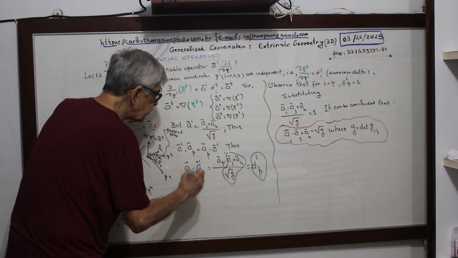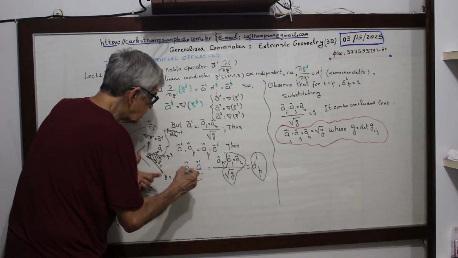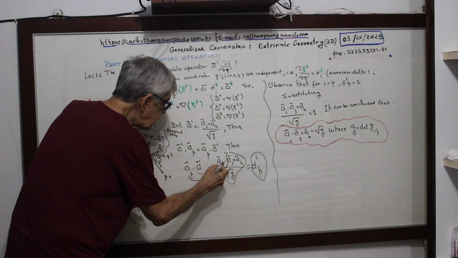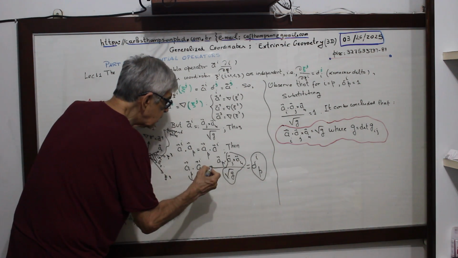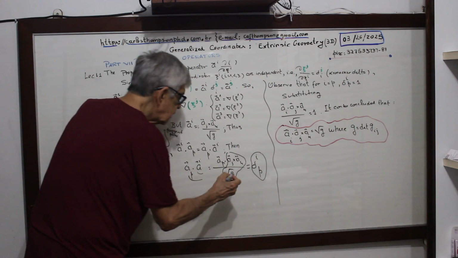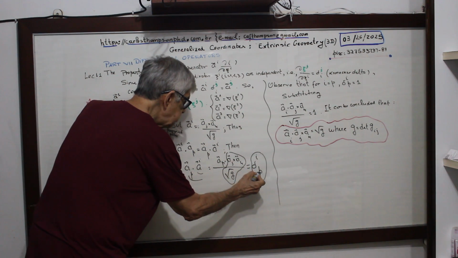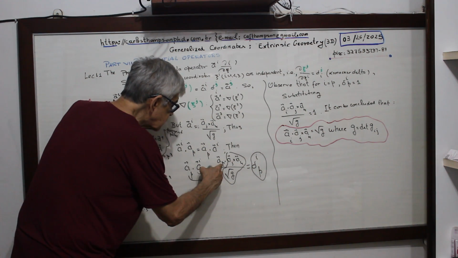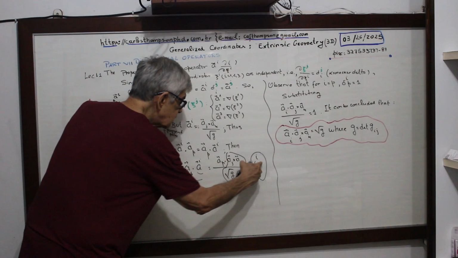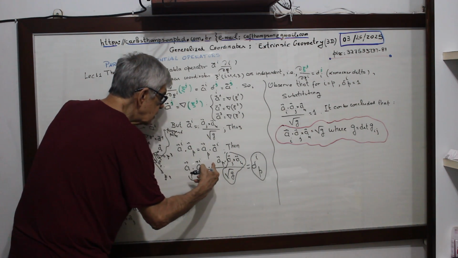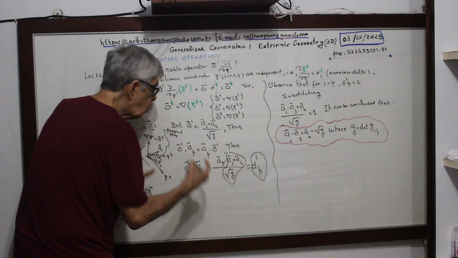Now again, I can write easily that AP dot AJ cross AK, see? Now this over here is delta IP. Now if I erase P and set I, this will be exactly the square root of G. Why?